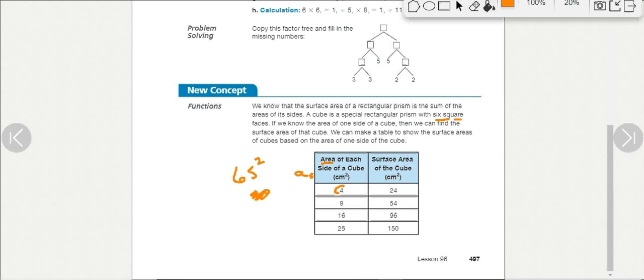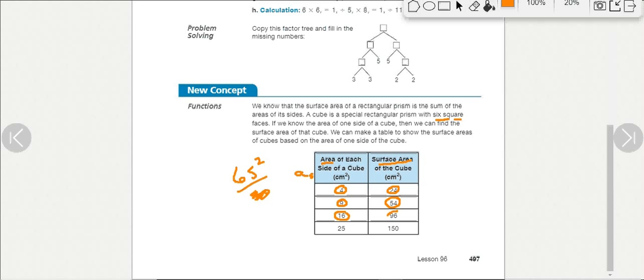If 4 is the area of one side, and we've said that 6 faces would be the total surface area, then 24 is the surface area. If 9 is the area of one side of a cube, then 54 is going to be the area of the whole cube.